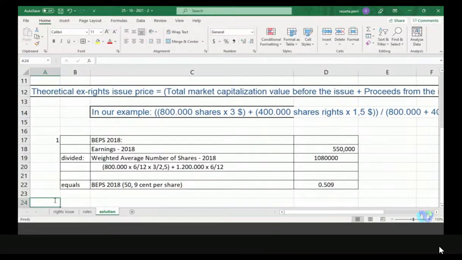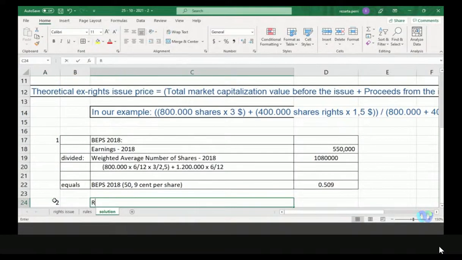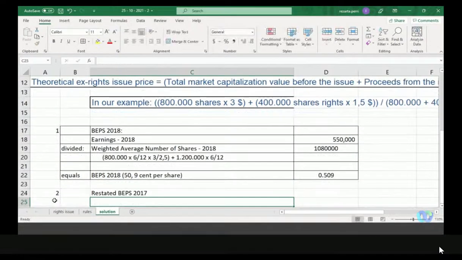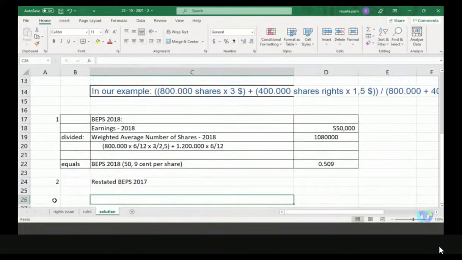The second requirement is to restate basic earnings per share for 2017. In order to do that, we have to start with the reported basic earnings per share at the end of 2017. By the end of 2017, we still didn't know that we would be issuing some rights by mid of 2018. That would happen in the future.